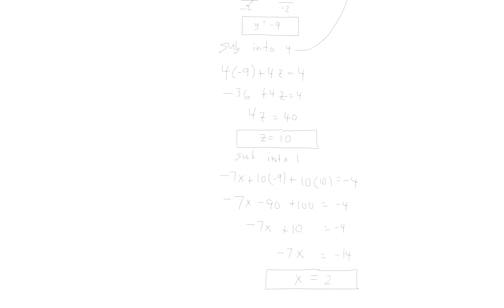So there's your x, y, z: 2, -9, 10. Type that in. x equals 2, y equals -9, z equals 10.